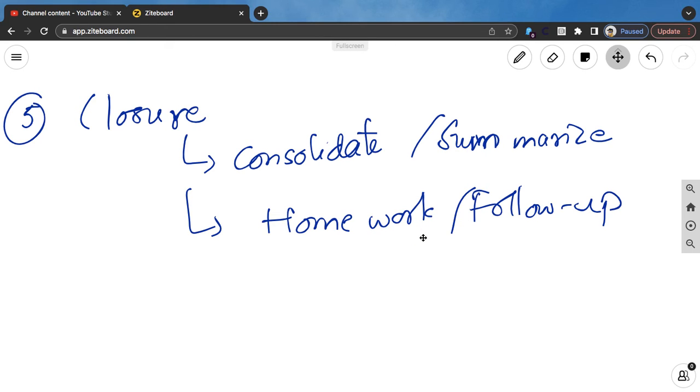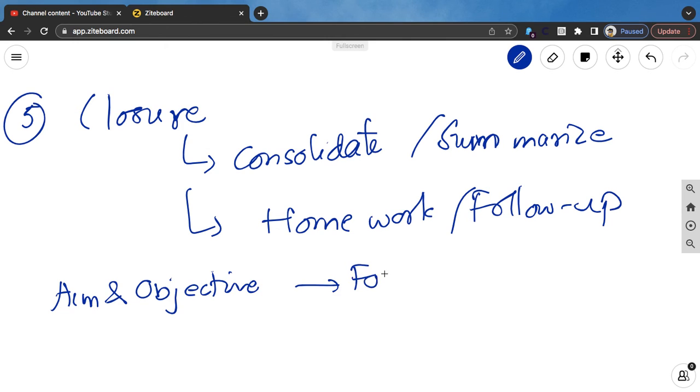So these 5 things, if done in every class, if you make sure that you have planned your class to ensure these are incorporated, again your classes become more structured, it becomes more useful to all types of learners. Let us revise what the 5 things are. So having a clear aim and objective becomes very, very important to generate focus in the class.